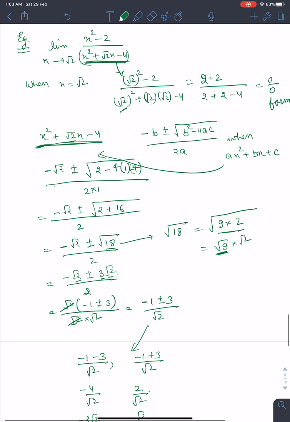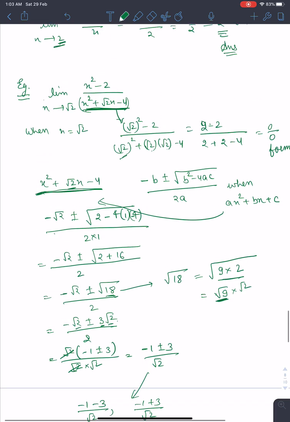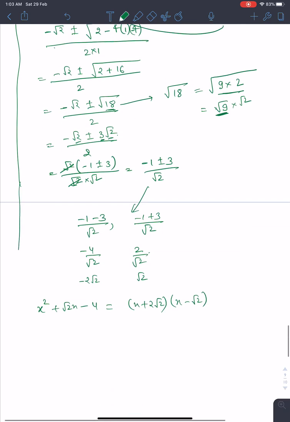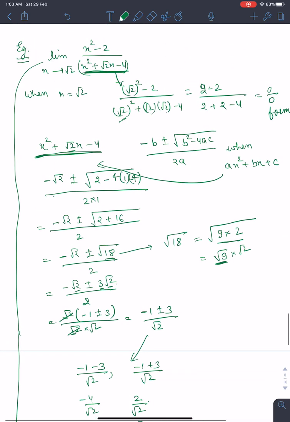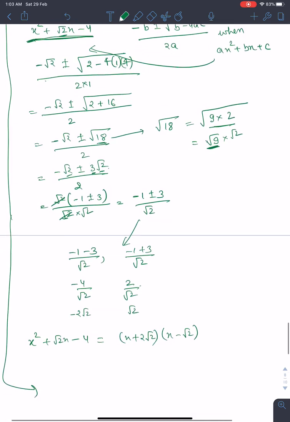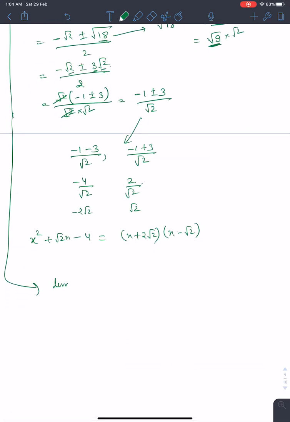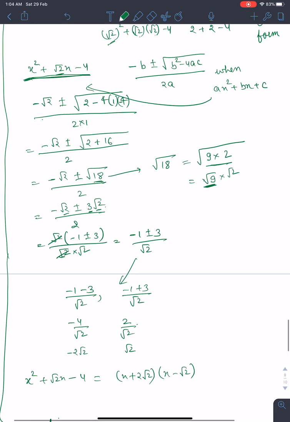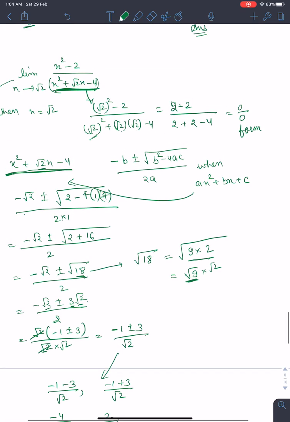Okay, so again I am talking about this example. After doing all this long method, I am just again factorizing the numerator and the denominator. In the numerator you can see that it is of the a square minus b square form, in which this b square is nothing but root 2 whole square.